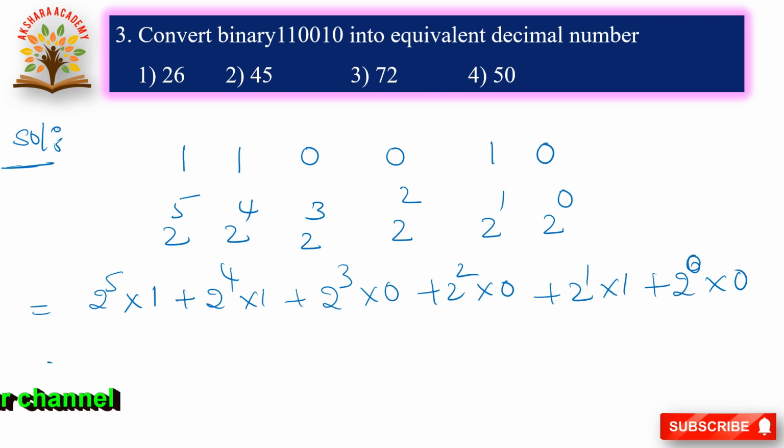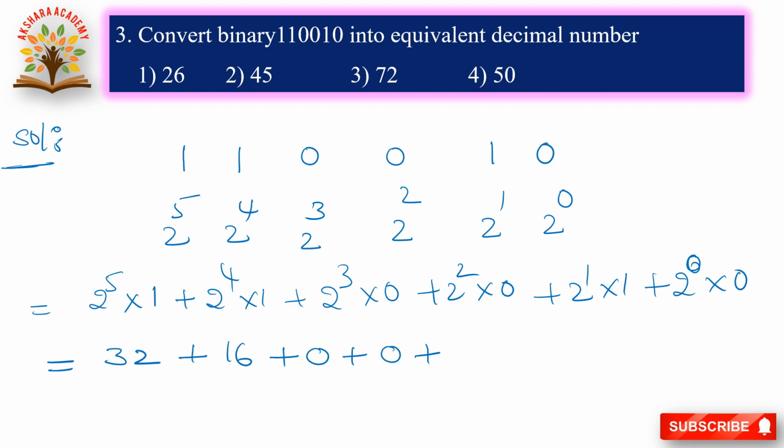So that is equal to 2 power 5, nothing but 32; 32 ones are 32. 2 power 4 is 16; 16 ones are 16. 2 cube is 8; 8 into 0 is 0. 2 square is 4; 4 into 0 is 0. And 2 power 1 is 2; 2 into 1 is 2. Anything power 0 is 1, and 1 into 0 is 0.